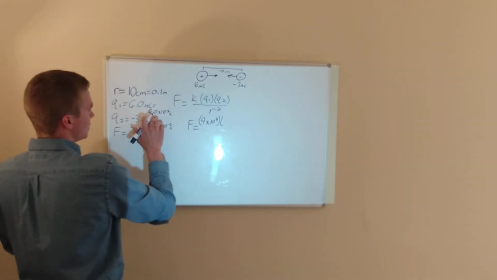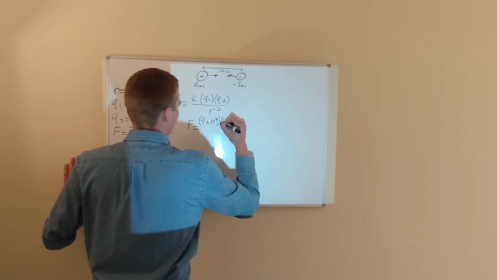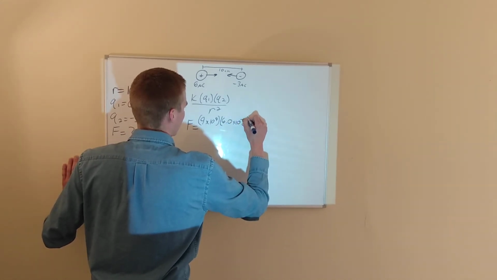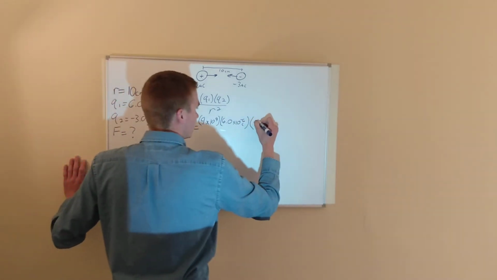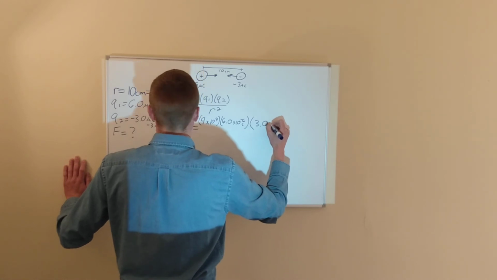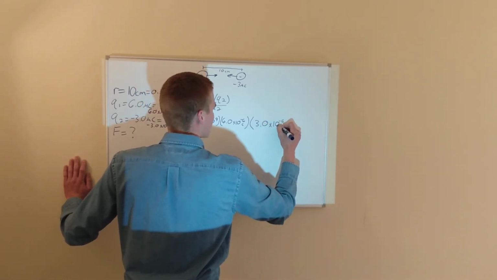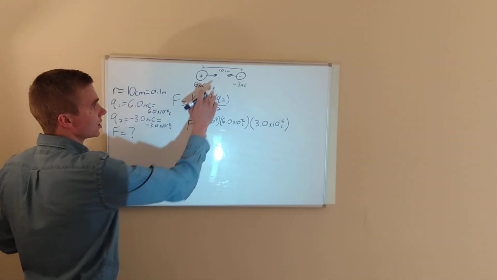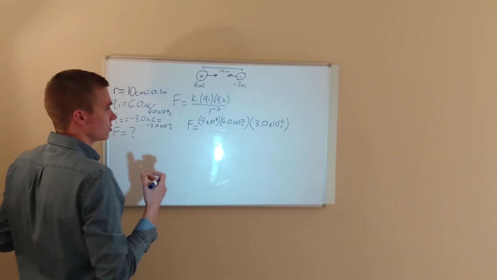I'm going to take 6.0 times 10 to the negative 6 coulombs times positive 3.0 times 10 to the negative 6 coulombs. Remember, the negative was just there to tell me in which direction the force was going between those two objects.